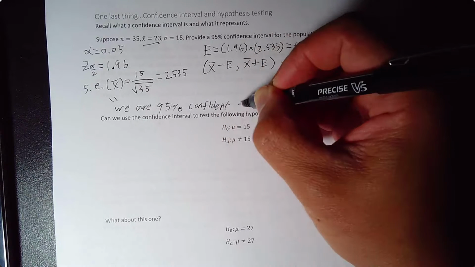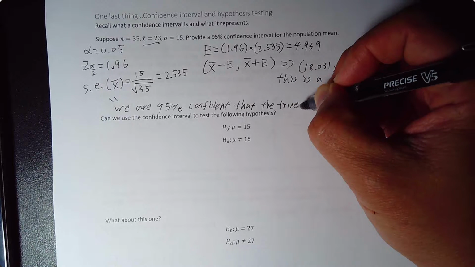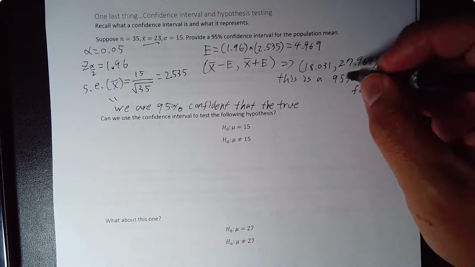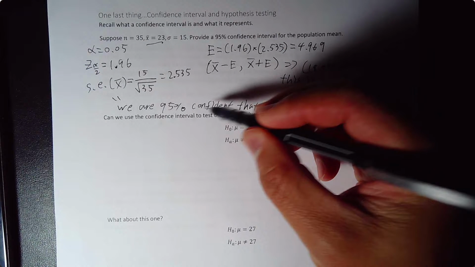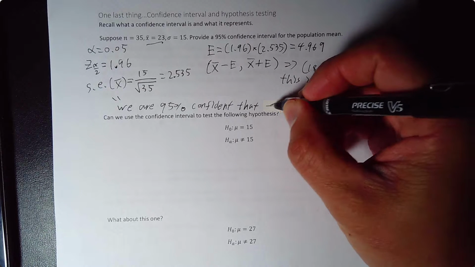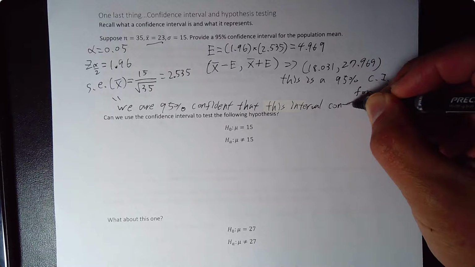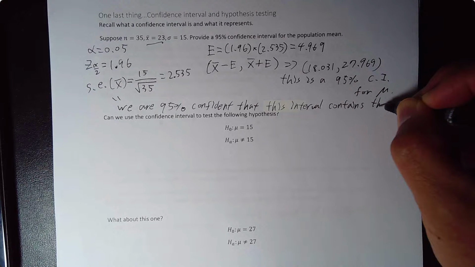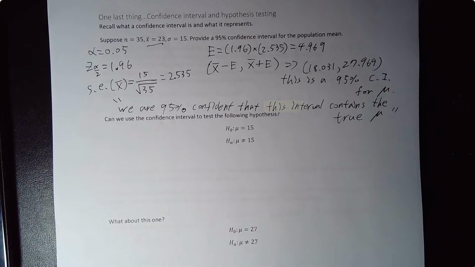We are 95% confident that this interval contains the true mu, or the true population average. So that's what a confidence interval means. It is an interval estimation for the population parameter.